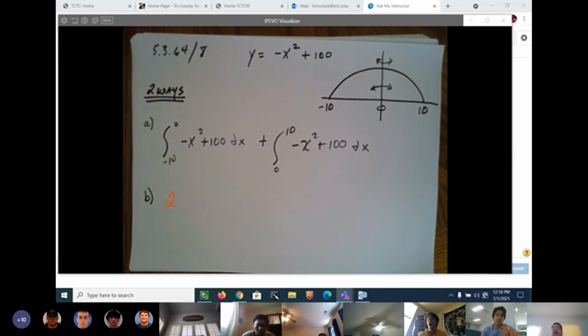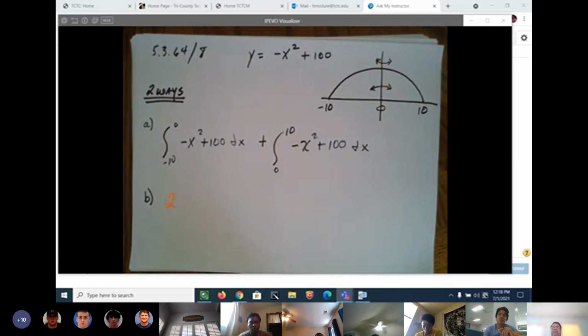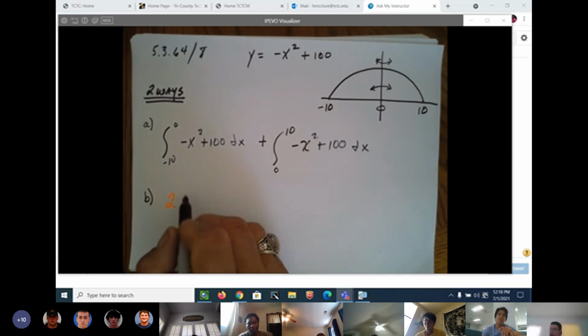You got a 50-50 shot. Am I going to pick the right side, or the left side? Left. No, I'm going to pick the right. Somebody tell me why.